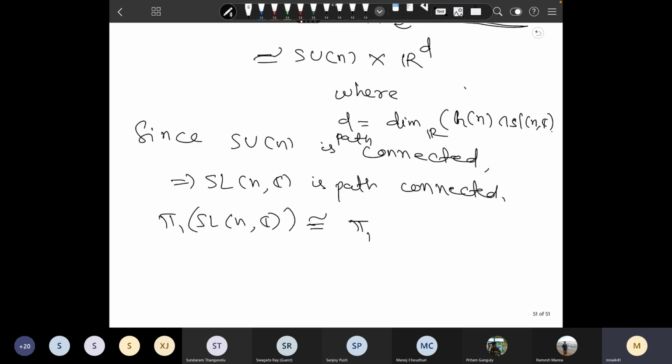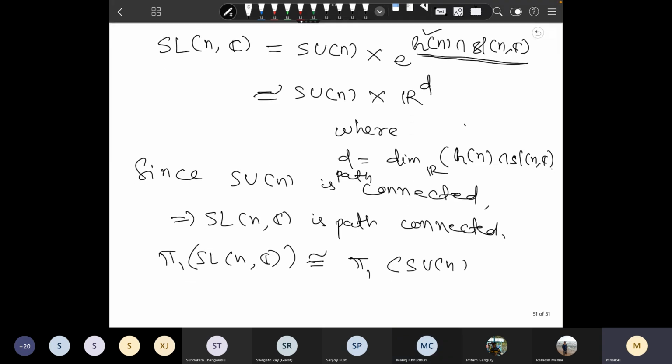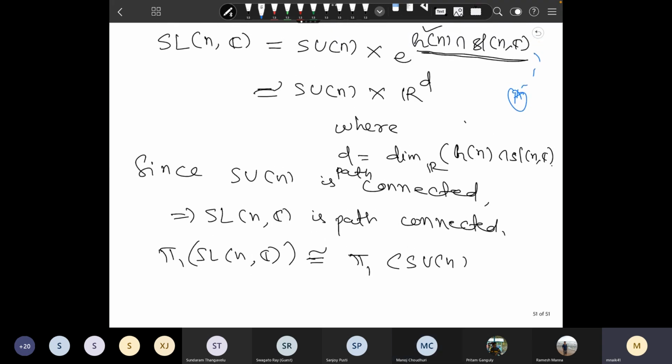So let me write this. From star, look at this star: SLNC is equal to SUN times e to the power HN intersection SLNC. And this exponential map is also a homeomorphism.